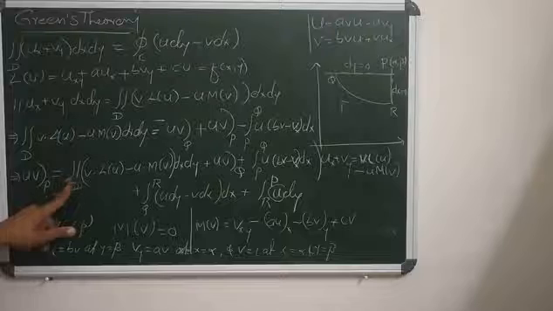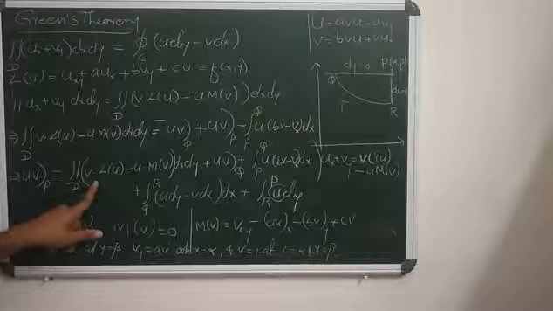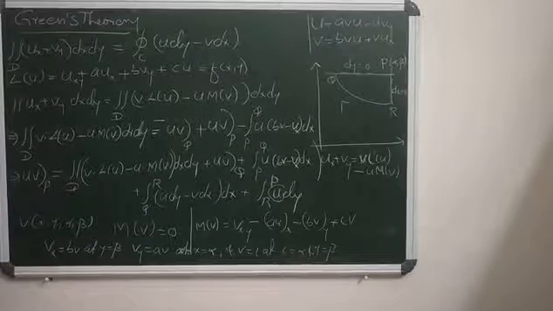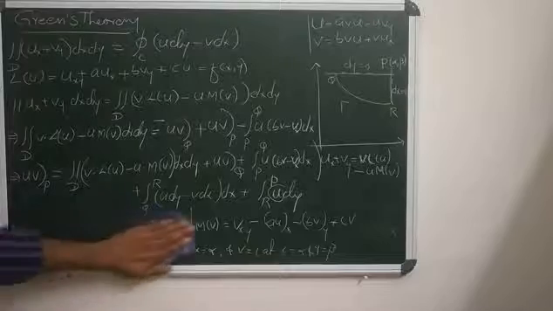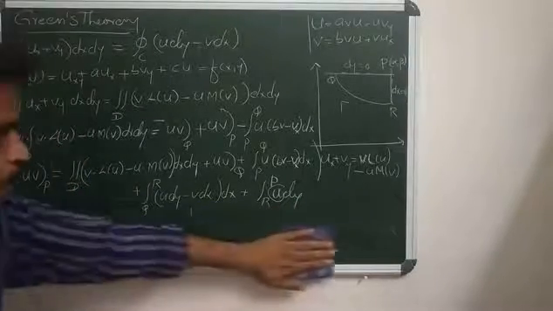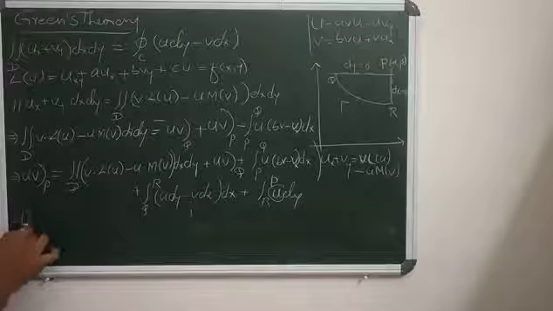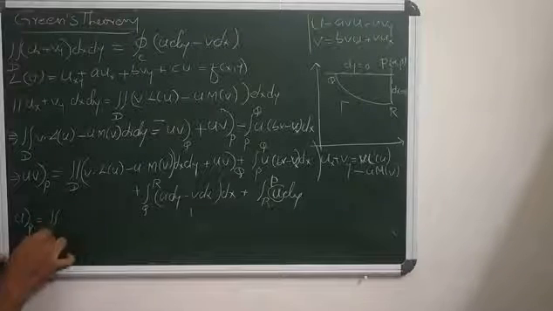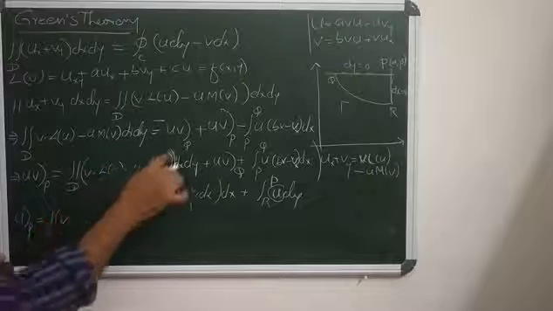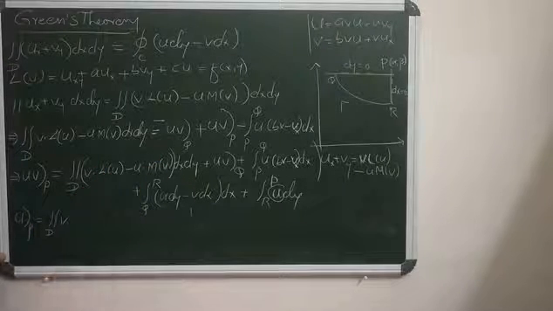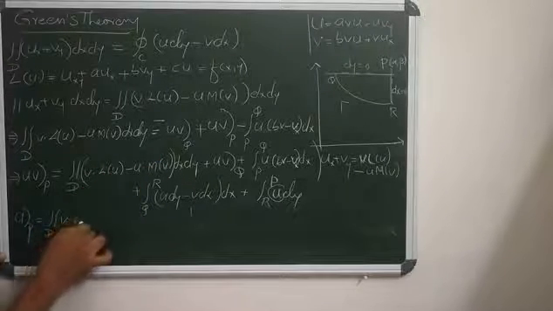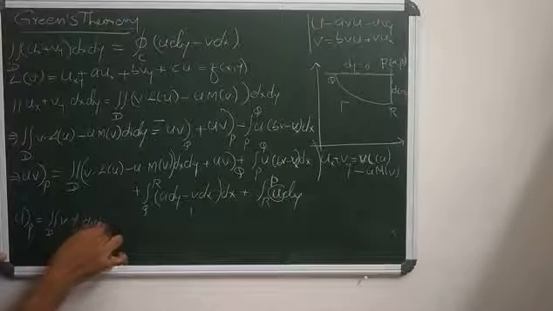Up equals double integral over d v. Then after using these conditions and introducing this Riemann function, this reduces to up equals double integral over d of v into L of u minus M of a dx dy. That's a function f. So it is f dx dy.